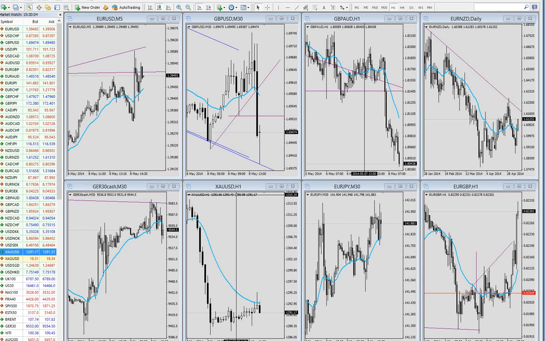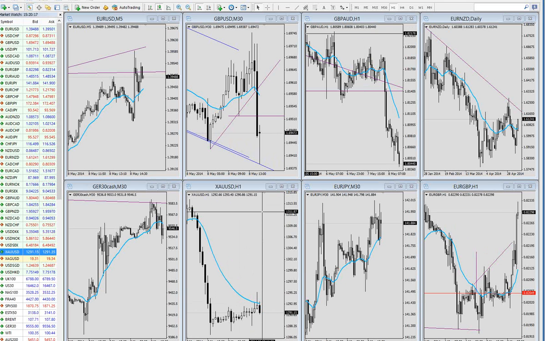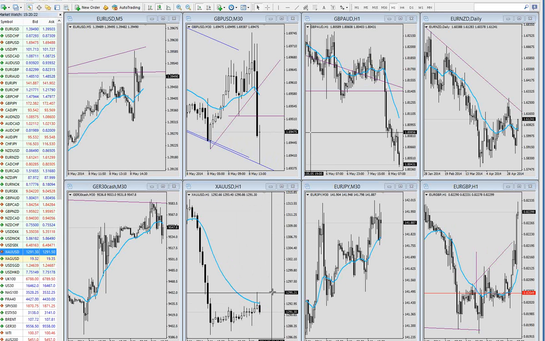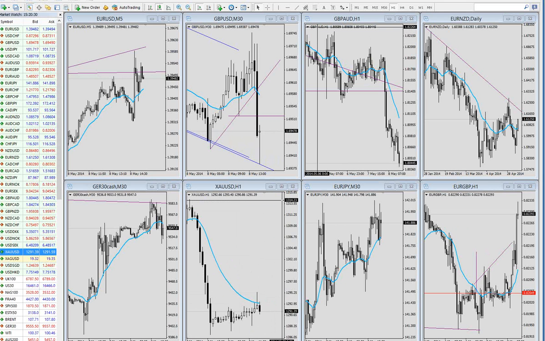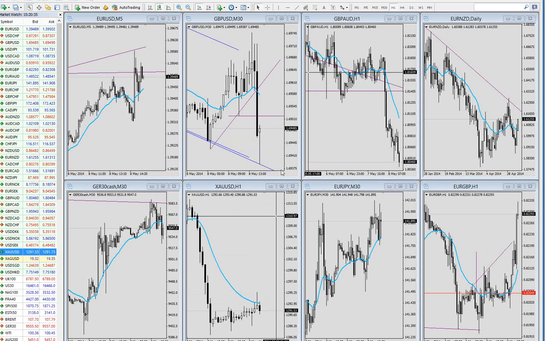And I'm going to set alert on gold 96, and then the next resistance 103.50, more or less. Here as well.